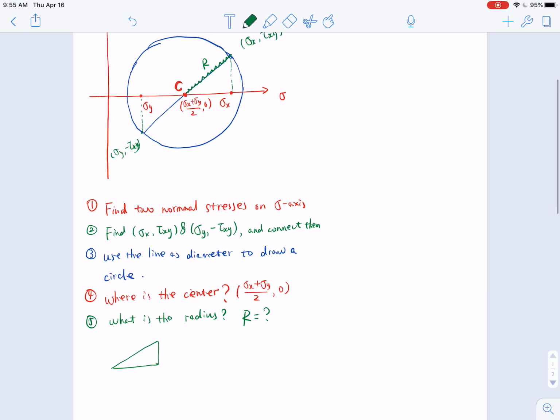In the triangle, the dimension of this side is just tau xy.